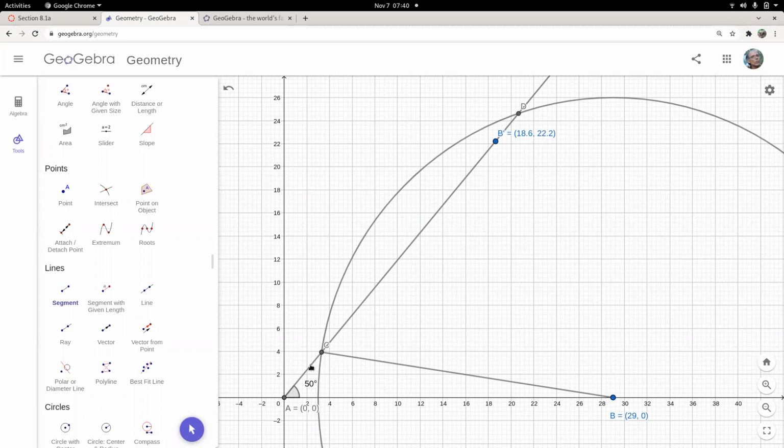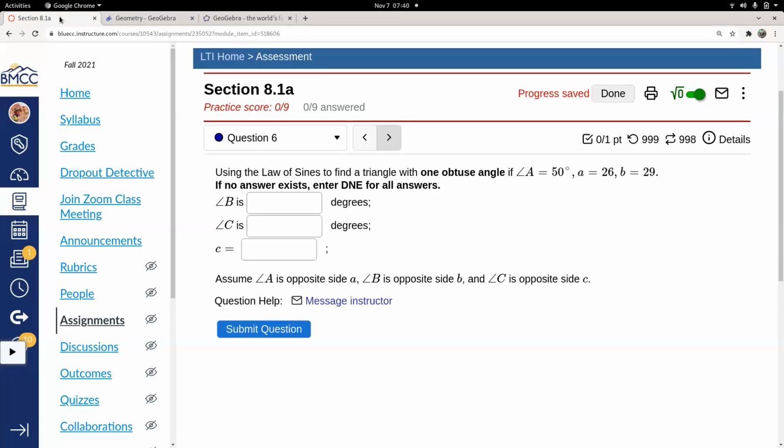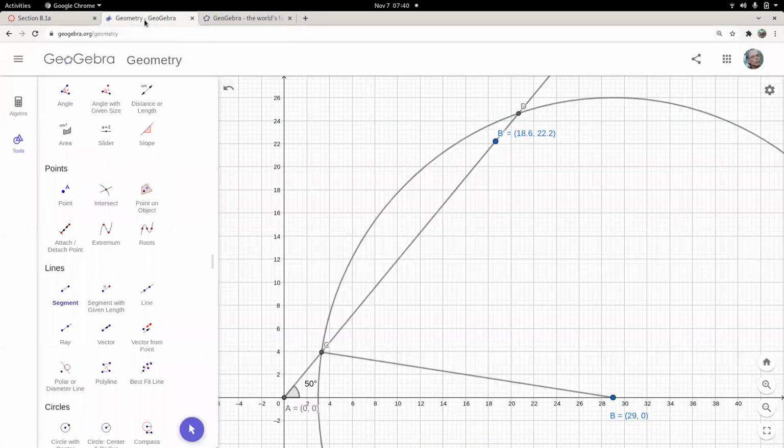And now another thing to keep in mind, GeoGebra picks points in the order you plot them. So A, B, C, D, and so on. That is not necessarily going to match the A, B, C, D in your problem. You could rename things if you like. So maybe I'll do that. Let's see, angle A and point A, let's line those up. And then if side B is 29, then this should be point B right here.